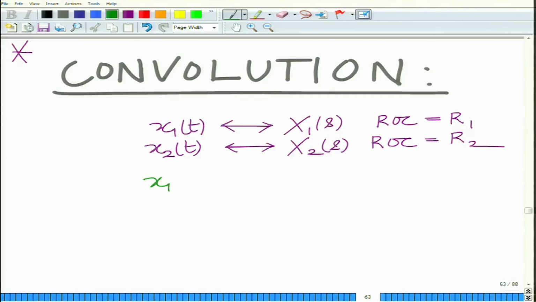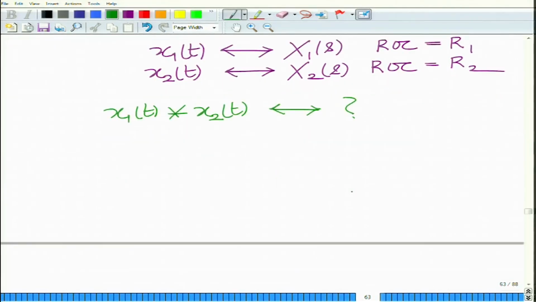Then I consider the convolution x1(t) convolved with x2(t). I want to find out what is the Laplace transform of x1(t) convolved with x2(t).